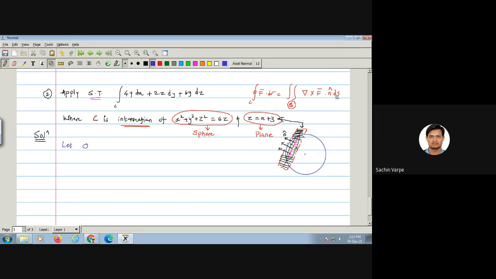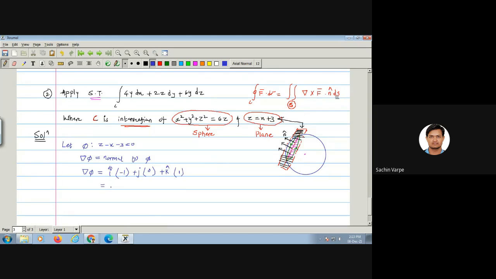Let phi be the plane z minus x minus 3 equal to 0. So what will its del phi be? Del phi is the normal vector. Is this clear to everyone? So what will be del phi here? Del phi is equal to i cap times the partial derivative with respect to x, that is minus 1, plus j cap times the partial derivative with respect to y, 0, plus k cap times the partial derivative with respect to z, which is 1.